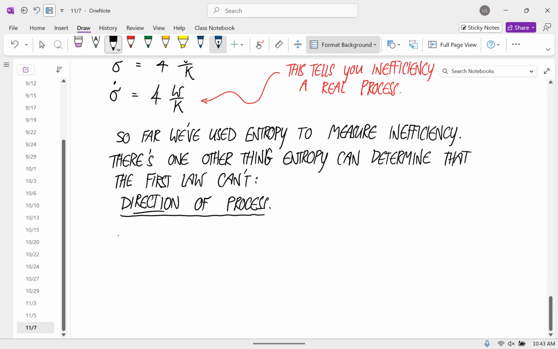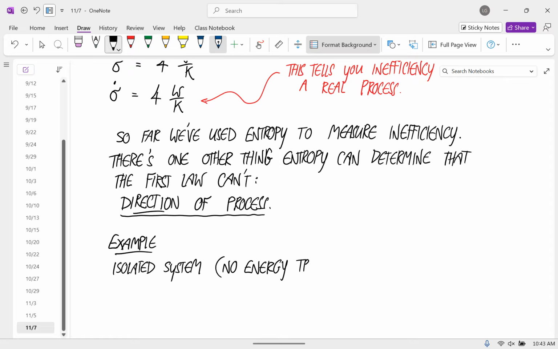So I'm going to do this with an example. Let's say we have an isolated system, which means there's no energy transfer across the system boundary.